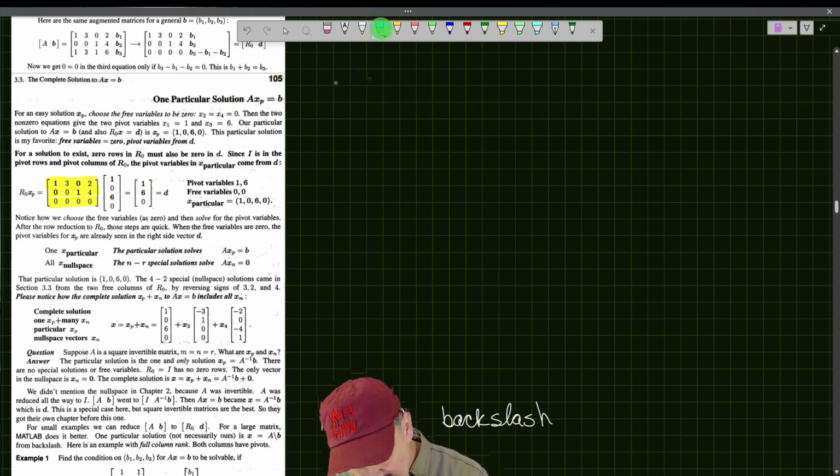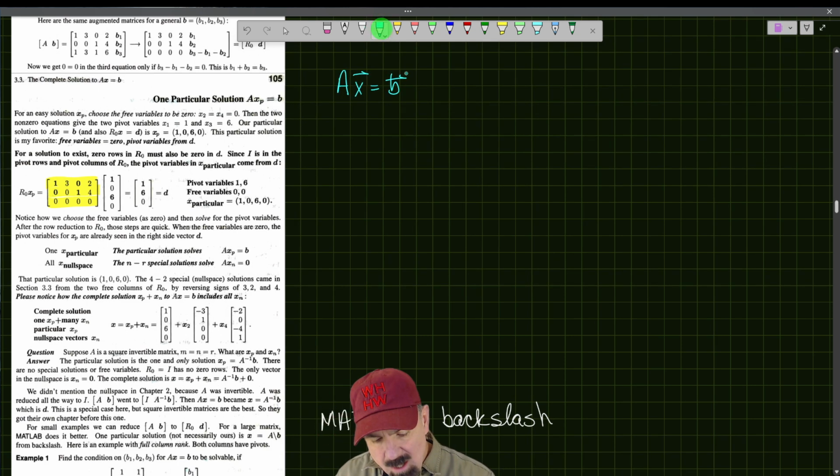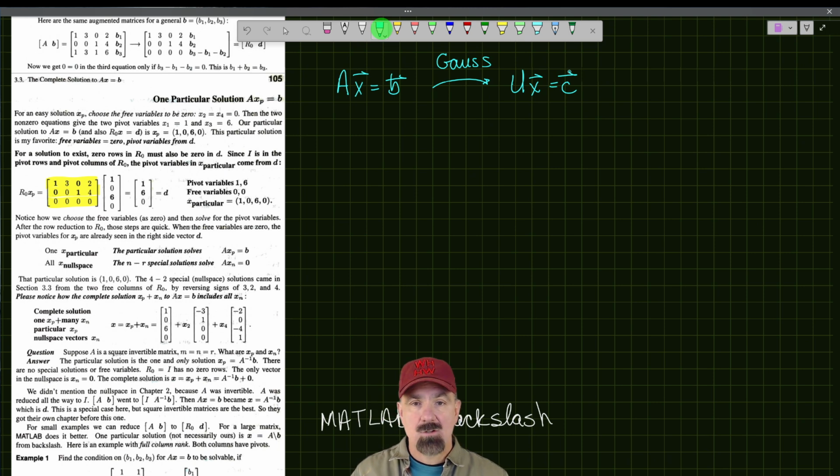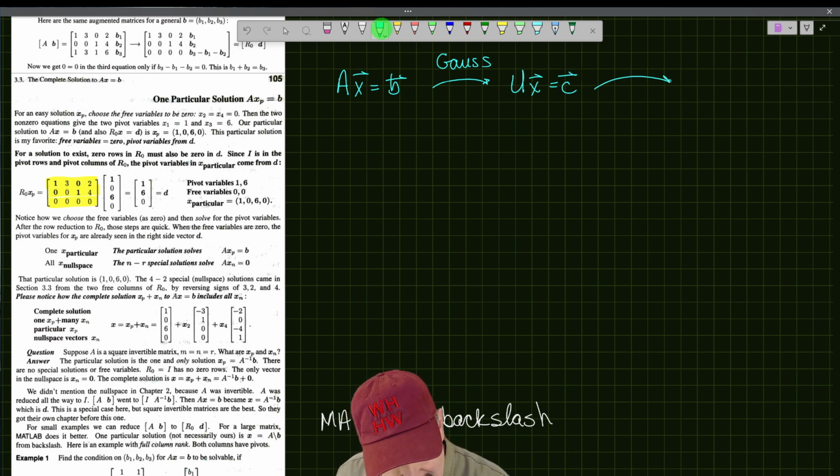Well, let's back up for a minute. We're solving Ax = b, and we know when we do Gaussian elimination, we're going to end up with Ux = c. This is the notation that Strang uses, where we have an upper triangular matrix. Continuing the process, we do Jordan elimination, and we end up with R0x = d.